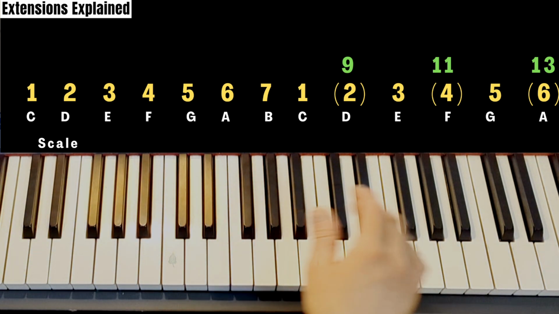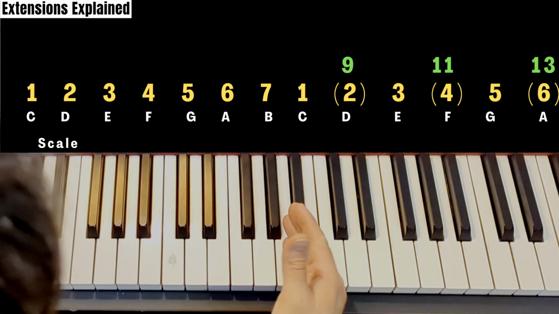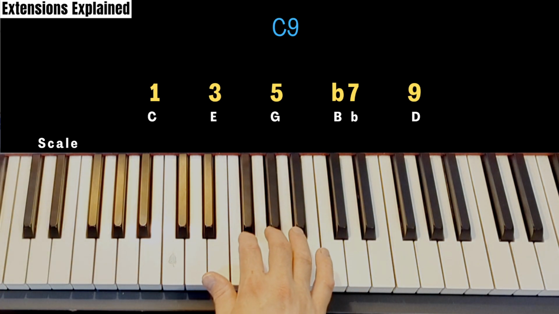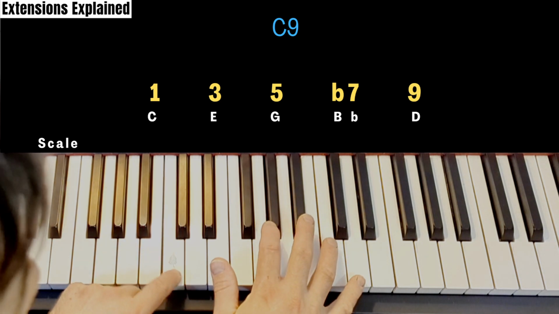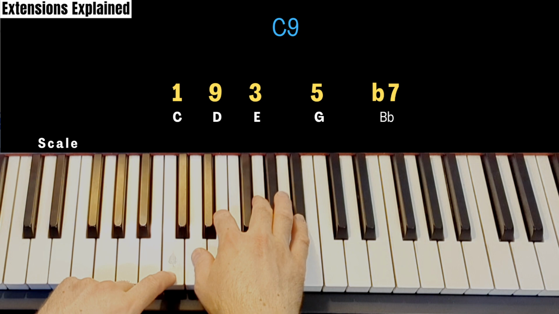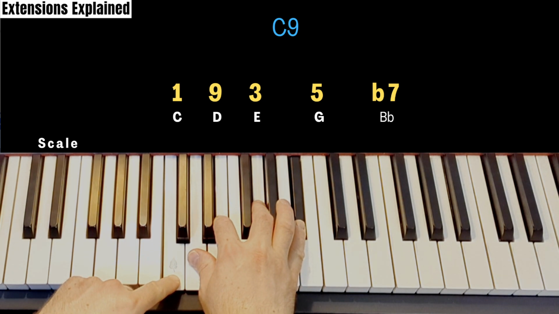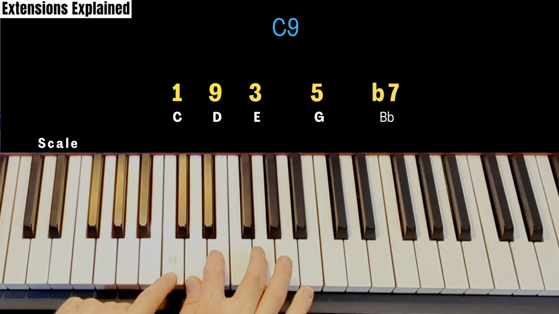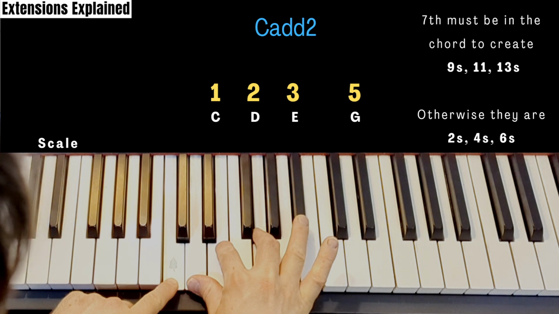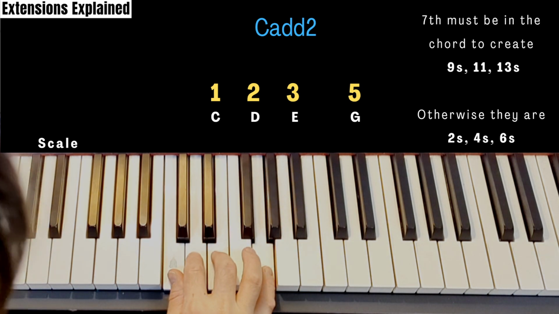Now here's the thing. Extensions don't have to be over the 7 to be what they are. So for example, if I play a C9, this is also a C9. But what it needs to be a 9 rather than a 2 is it needs the 7th in the chord. If the 7th isn't in the chord, it's a C add 2.